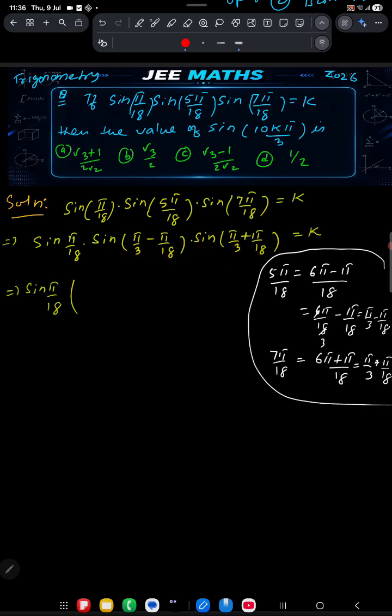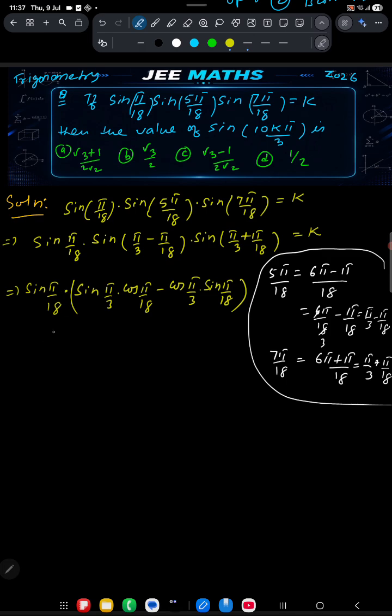And you know the formula for sine of a minus b is sine a cos b minus cos a sine b. So sine a means sine pi by 3, cos b means cos pi by 18, minus cos a means cos pi by 3, sine b means sine pi by 18. This is the second term expansion.